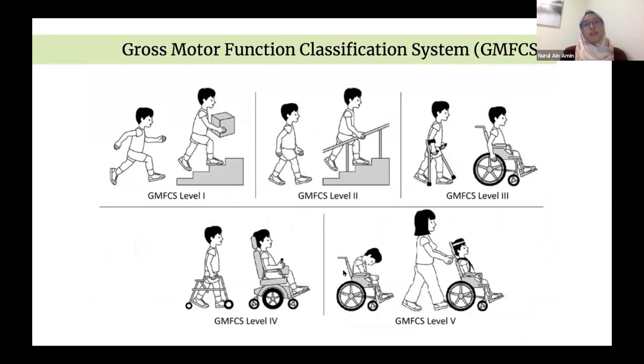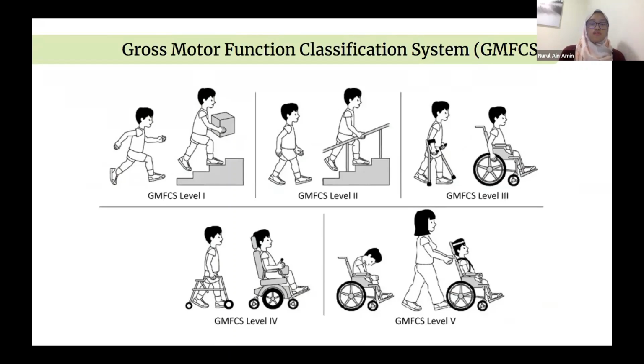The next type is the gross motor function classification system. How they classify is, first, in level 1, you can walk without limitations. Level 2, you can walk with limitations, for example, you need help, like holding on the stairs. Level 3 is where you need adaptive assistance, so you can see the child in a wheelchair or on crutches.